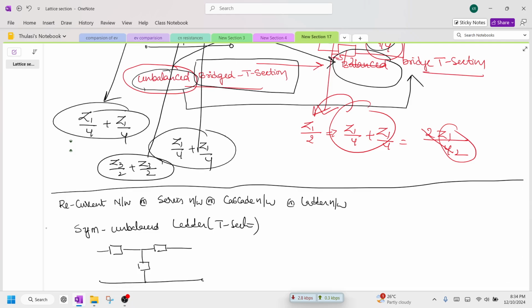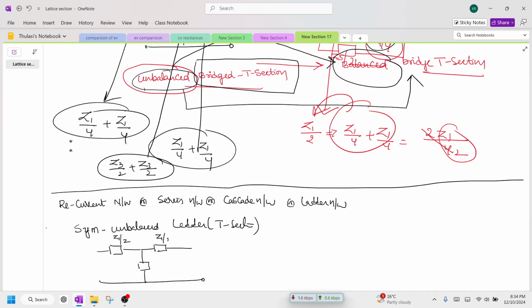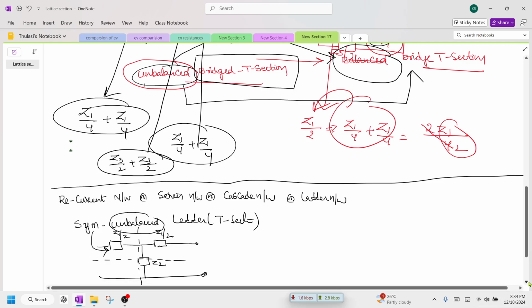This is the input port. This is the output port. Here I am taking the impedance as Z1 by 2. Here the impedance is Z1 by 2, and this has some Z2. And when you fold at the half, this Z1 by 2, Z1 by 2, therefore this is called symmetrical, and the upper half is not equal to the bottom half, that's why it is called unbalanced, and this is like a lattice. So this is network 1.